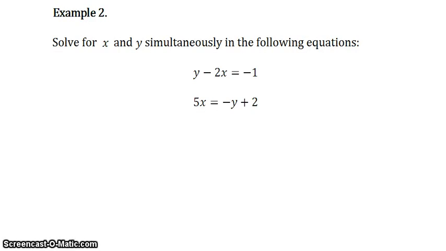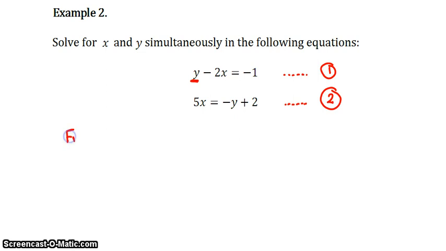So simultaneous equations. A good method is to label equation number 1 and equation number 2. I'm looking for an x and a y value that work in both of these. My steps are: label 1 and 2. Next, pick the easiest equation where you can isolate one letter. Now, if I look at equation 1, there's y all by itself, and I can easily get rid of minus 2x.